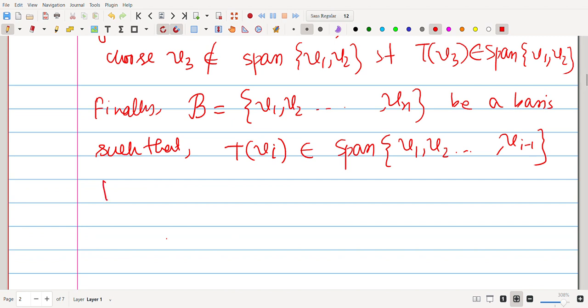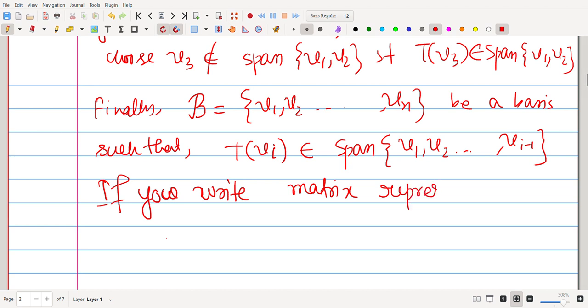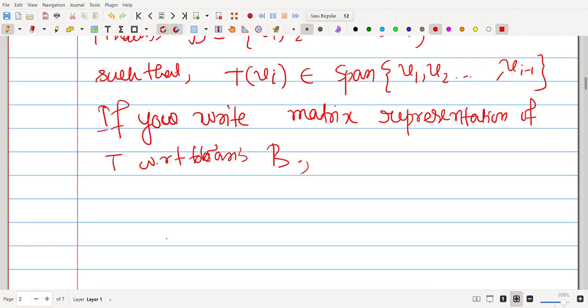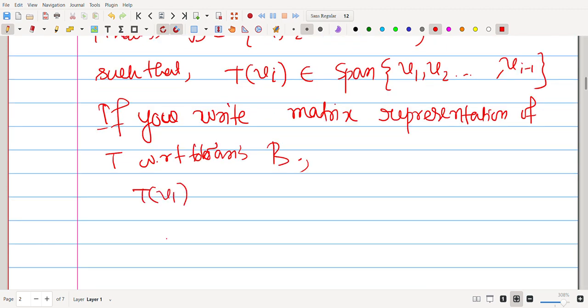Now if you write the matrix representation of T with respect to this basis B, what will you get? How to write that? So T of V1 is 0, T of V2 is C12 V1 because T of V2 is inside span of V1.